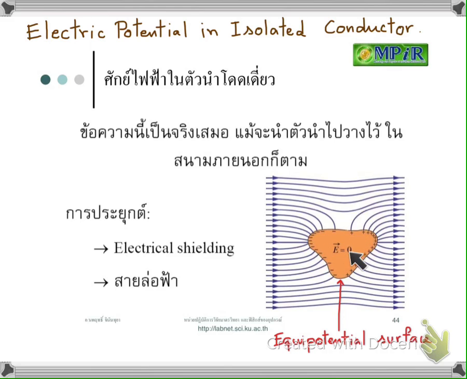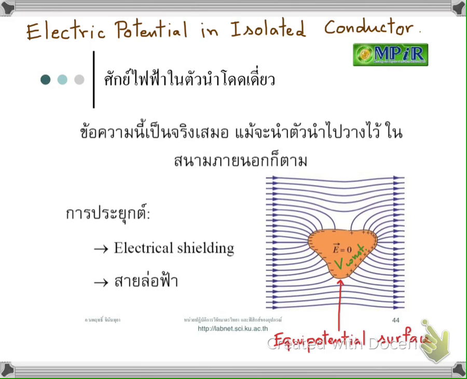And if the electric field inside is zero, it means that the electric potential is a constant everywhere inside the conductor and also on the surface too. So we can write this as V is a constant inside the conductor and also on the surface too.